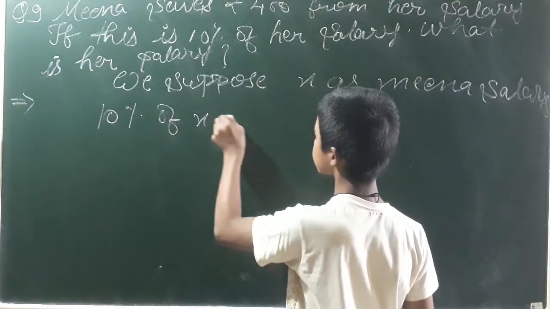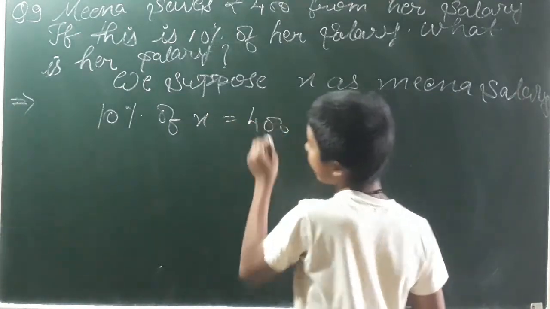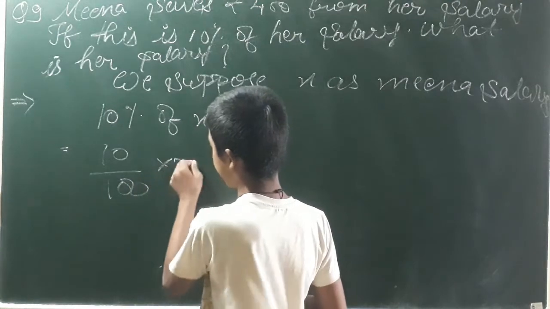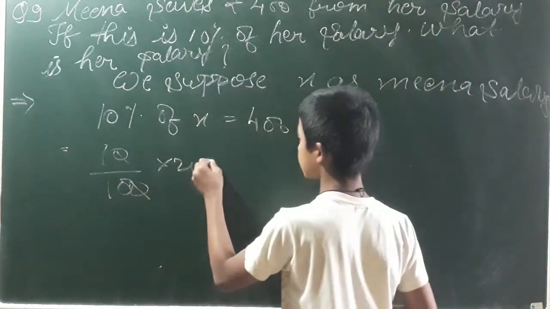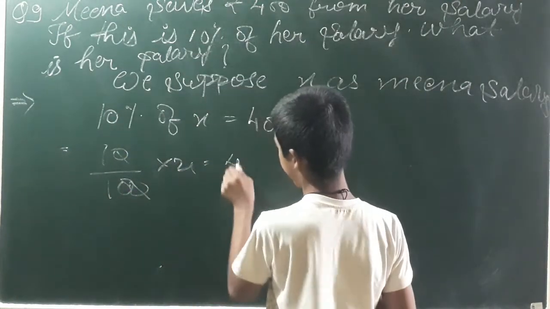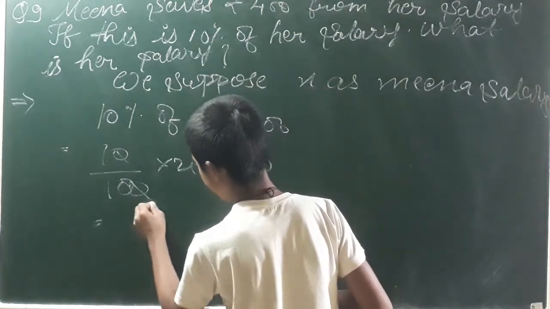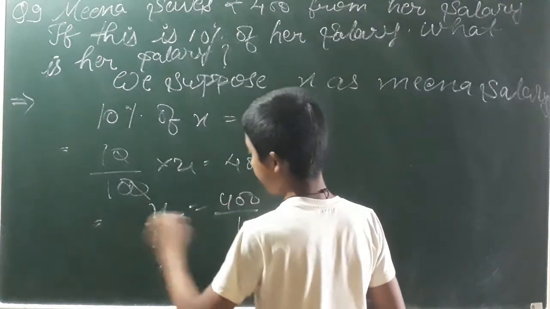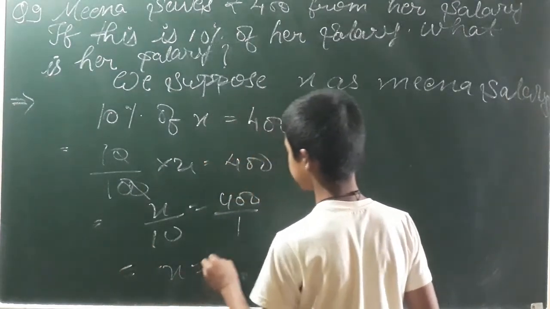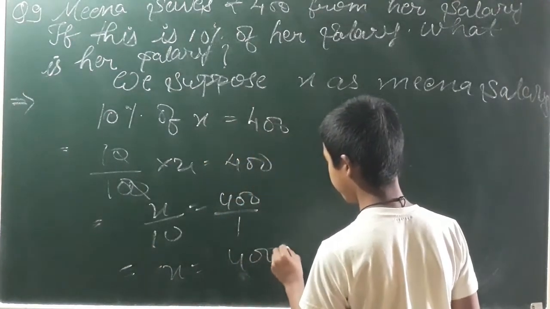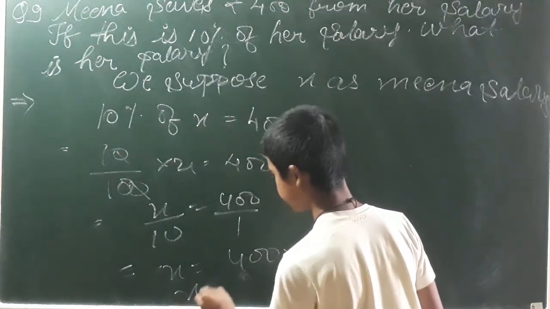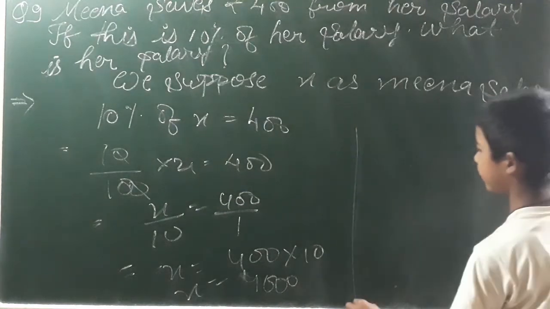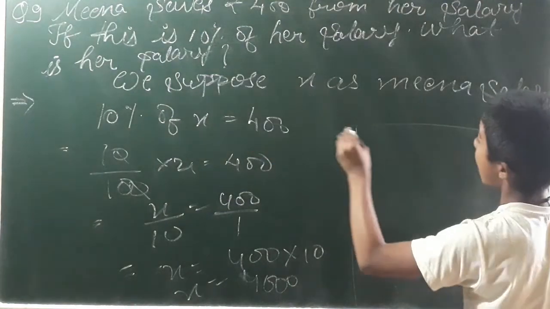10% of X is equal to 400. And now, 10 upon 100 multiplied by X, and this is cancelled, is equal to 400. X upon 10 is equal to 400, and now it will be cross multiplication. X is equal to 400 multiplied by 10, so the X value is 4000.